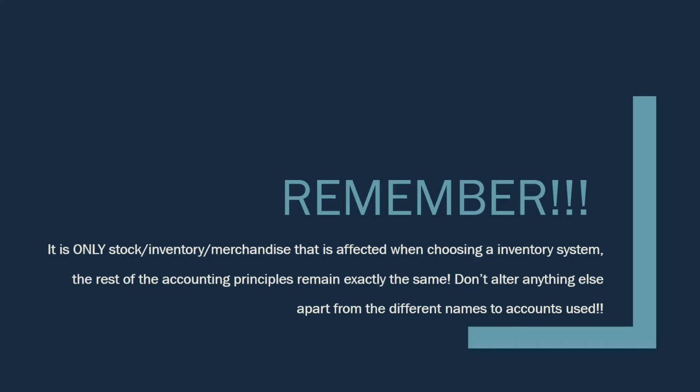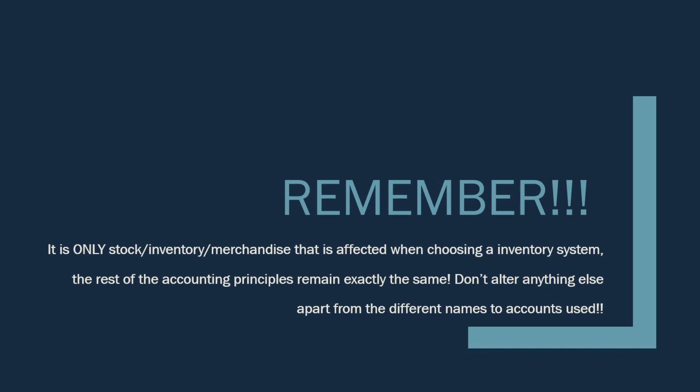Okay, so last thing, I mentioned this at the beginning. It is only your stock, inventory, merchandise, whichever word you prefer, that is affected when you choose an inventory system. Please don't throw your debits and credits out the window. Don't forget about the other classifications. All the other principles remain exactly the same. Don't alter anything else apart from the different account names that you use.